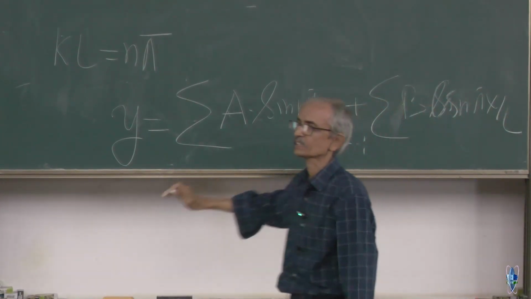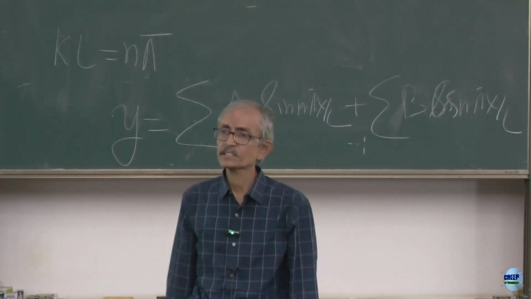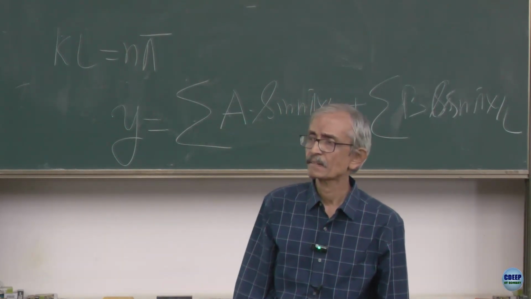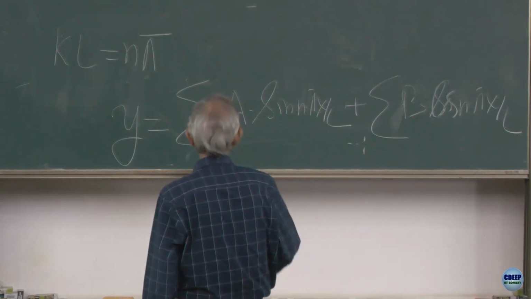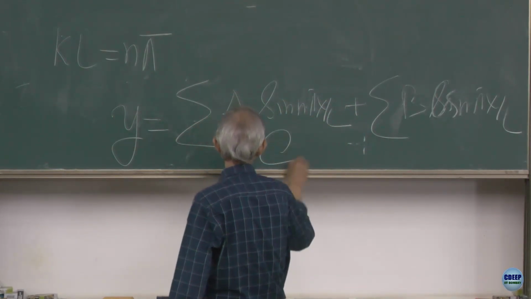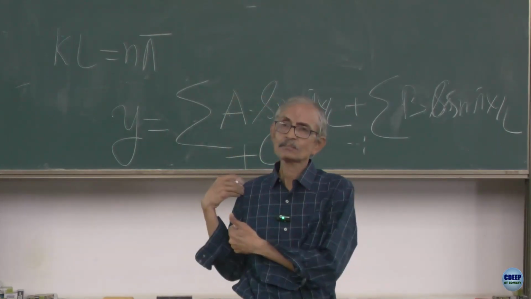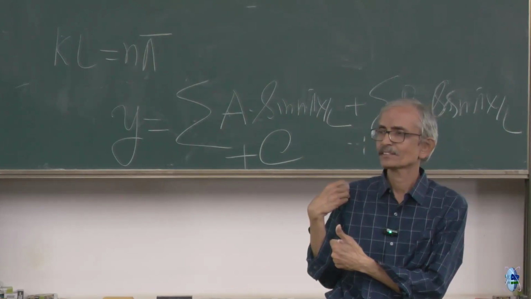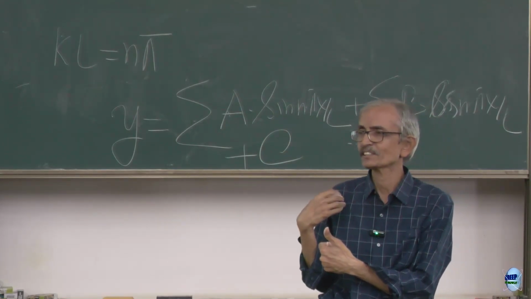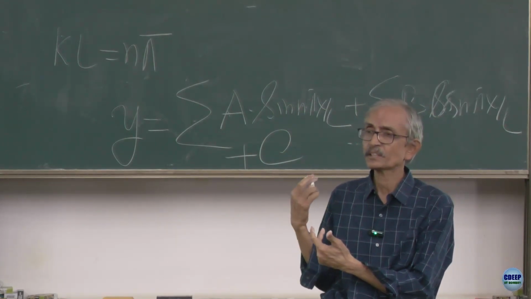What is missing here? Was this the Fourier series? There was one constant hanging in there. And can we put the constant here now? I can't do anything I want, right? But can I do it now?